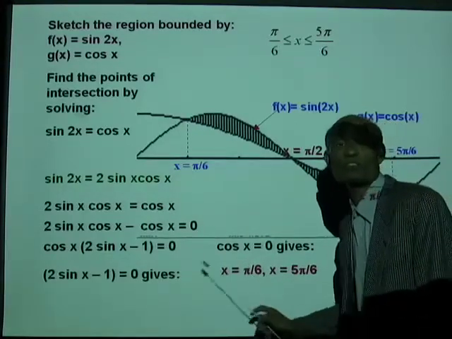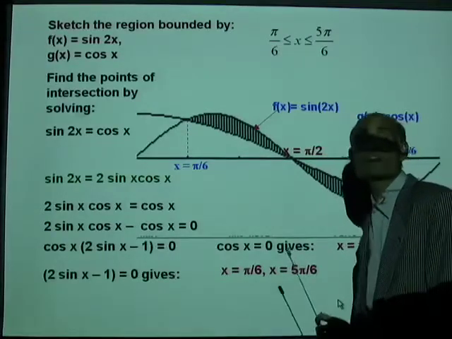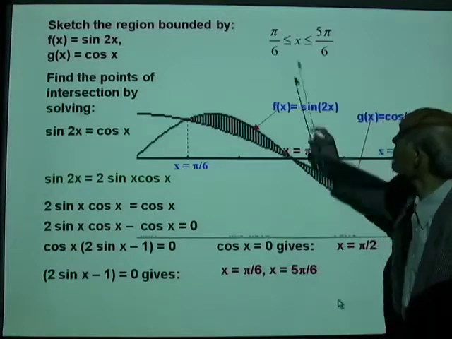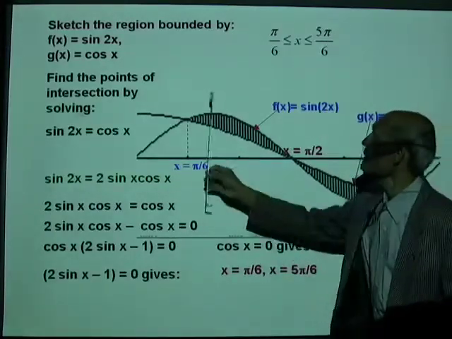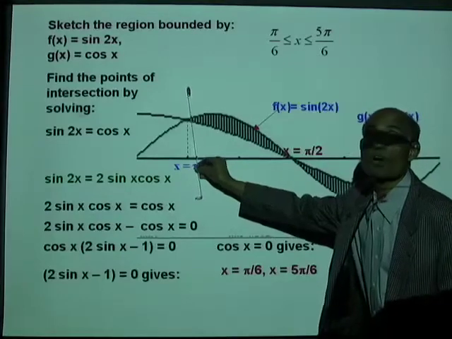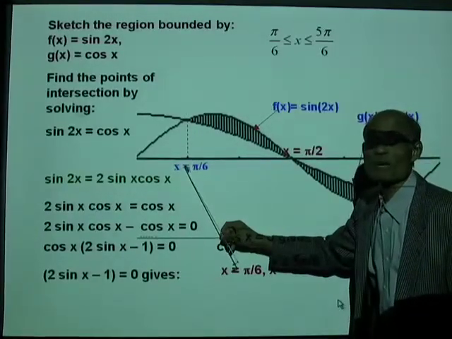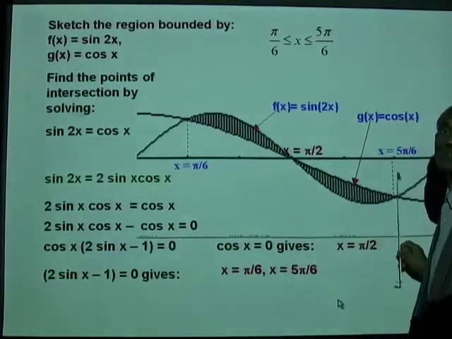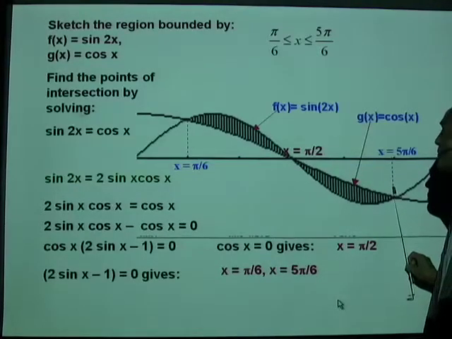Sine of pi by 6 is 1/2. Sine of 5 pi by 6 also is 1/2, isn't it? And these are the limits that are given to us. So, if you now look, you have 3 points of intersection. Point corresponding to x equal to pi by 6, point corresponding to x equal to pi by 2, and a point corresponding to x equal to 5 pi by 6.